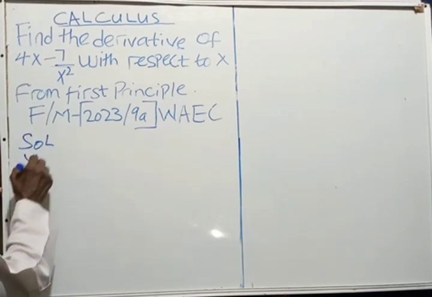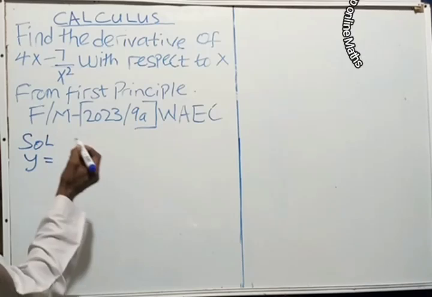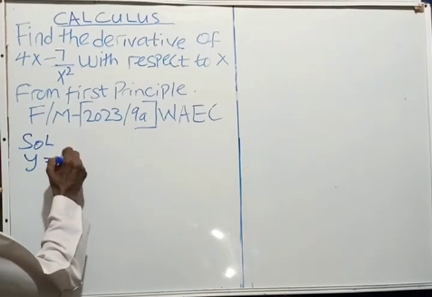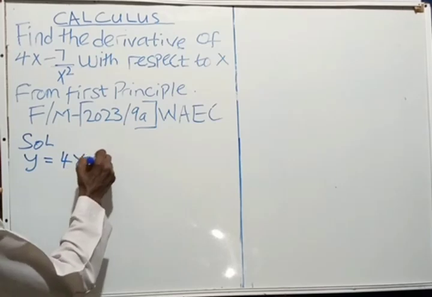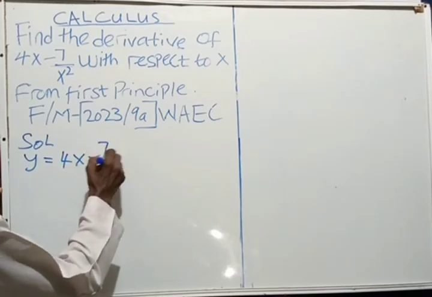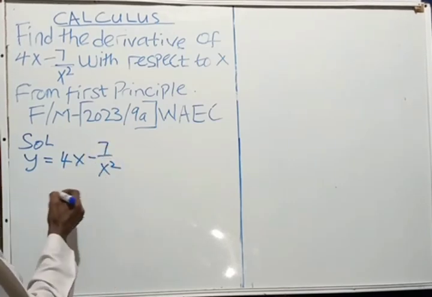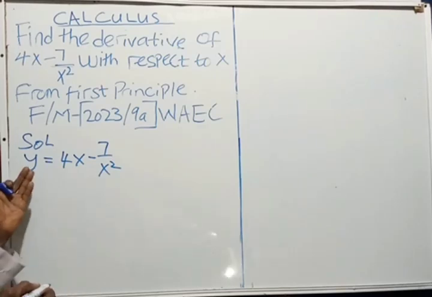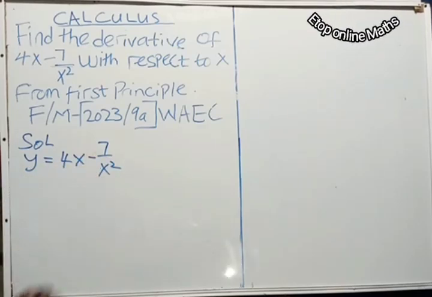I now say y equals 4x minus 7 over x squared. So differential equation deals with changes. If there's a change in y, there must also be a change in x.